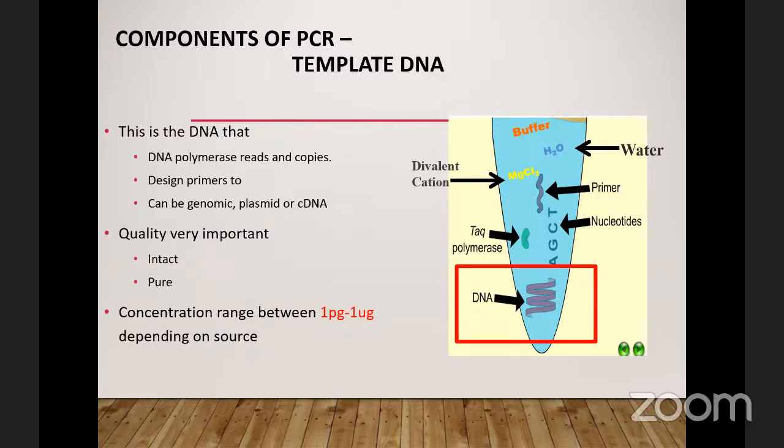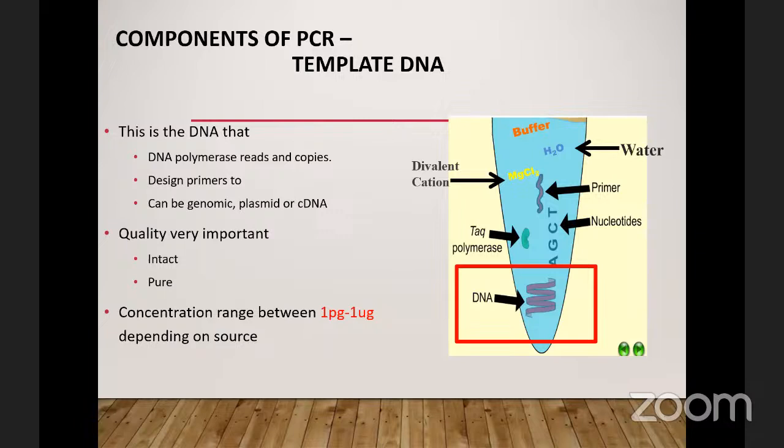For instance, with the COVID virus, we want to target if the virus is present. We know that the virus has spike protein, so we design primers that can target spike protein. We design primers that can target the viral RdRp specific to SARS-CoV-2. We design primers that can target the N gene specific to this virus. So all of these are present in the template DNA. It's the template DNA we make primers to target, and it is the template DNA that is selectively amplified.